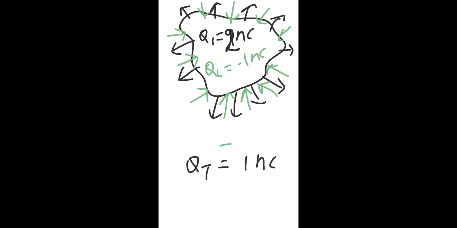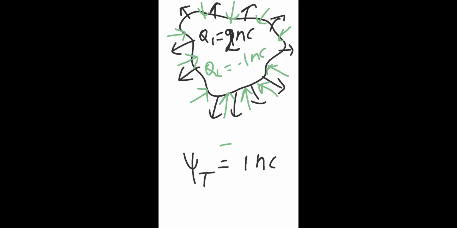Why? Because this positive charge will give you 200 lines and this negative charge will give you 100 lines in the opposite direction. So 200 minus 100, still it is 100. So your total flux coming out of the imaginary surface is 1 nanocoulomb.